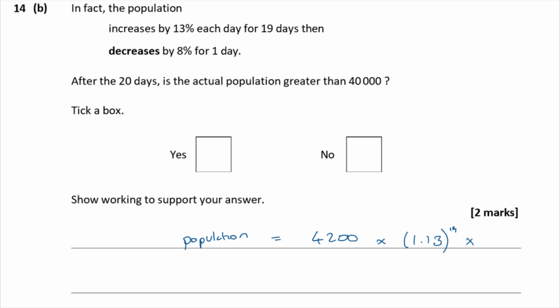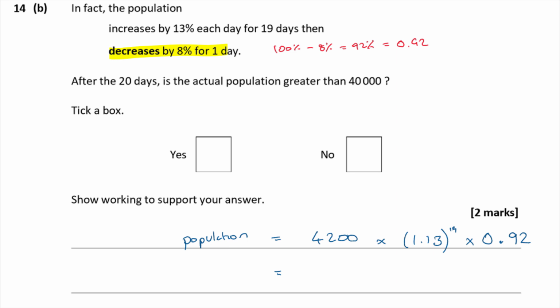So a decrease of 8%, what's that? If you start with 100% and you subtract 8%, you are left with 92%, which is 0.92 as a multiplier. So at the end, my last day, I'm going to multiply by 0.92. So the population is 4,200, the starting population, times by 1.13 19 times and 0.92 once.